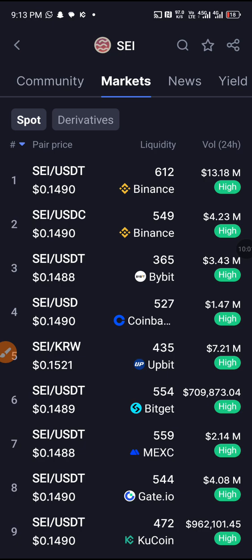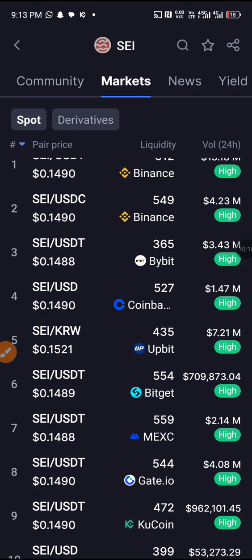You can see Shay slash USDT on Binance is 0.1490. You can see that same coin on Bybit at 0.1488. You can see the same coin on Coinbase, and on Upbit.